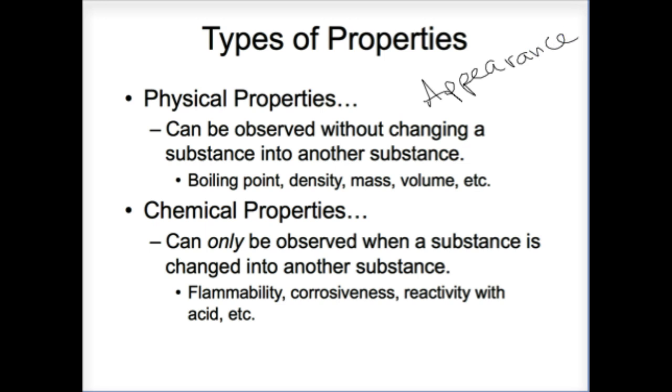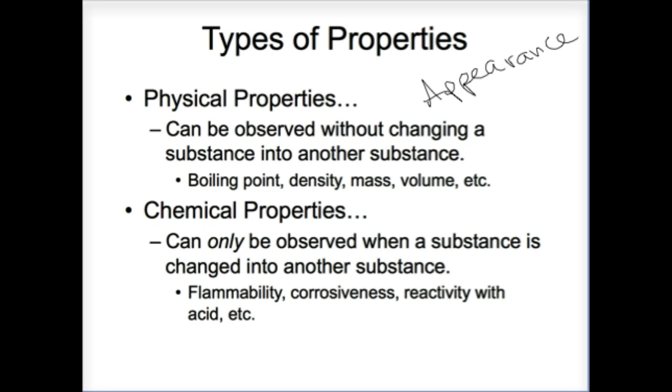That's a white plastic chair. I hold a penny in my hand and it's got a coppery sheen to it. You can describe the mass, what it looks like, whether it's shiny or dull, whether it's brittle or ductile, meaning you can stretch it into a wire. So anything that addresses the appearance we consider a physical property.